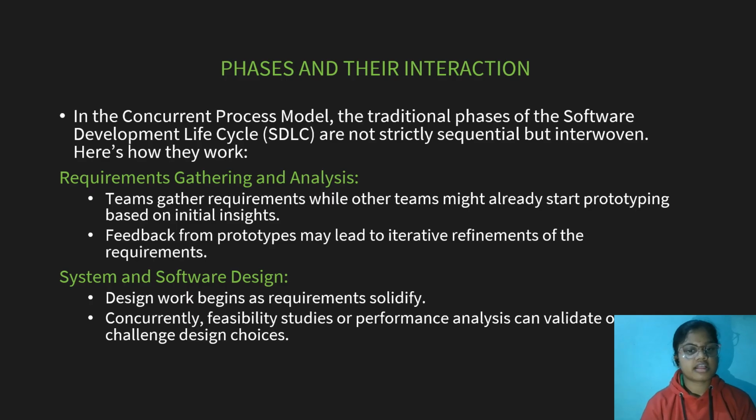First is the initial stage, where every process model collects the requirements, but the concurrent model also collects feedback, so it can make changes in the further steps. Then system and software design work begins as requirements solidify. Concurrently, feasibility studies or performance analysis can validate or challenge design choices.